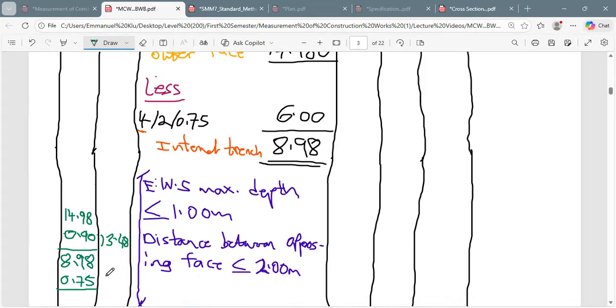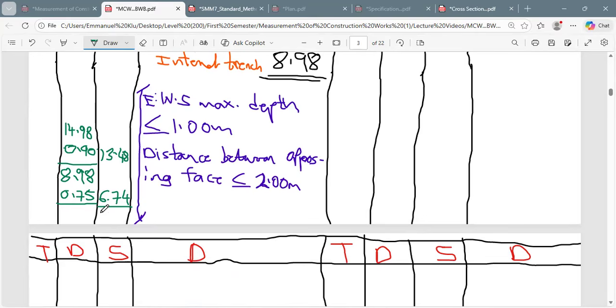And then the other one is going to give us 6.74. So at the end of the day, we are going to get 20.22.